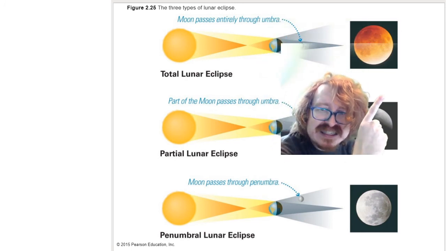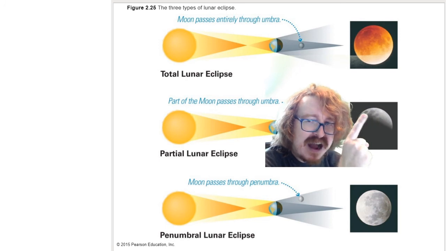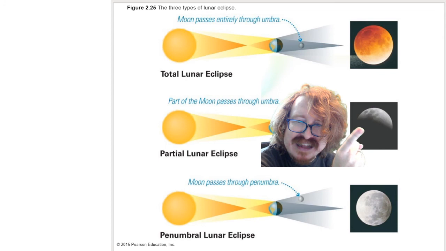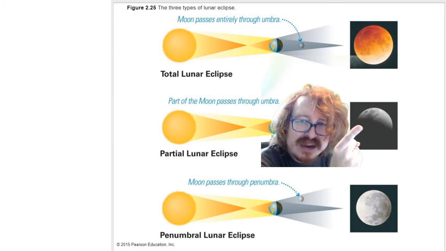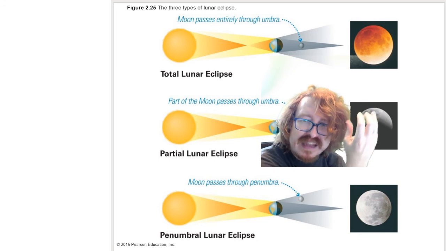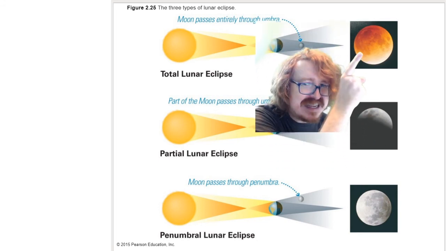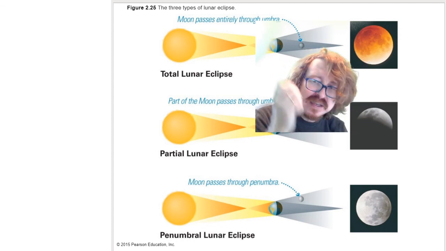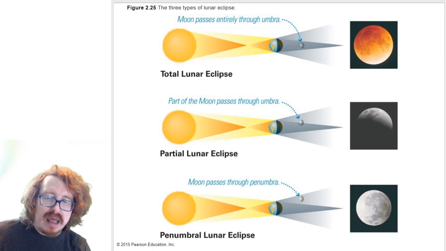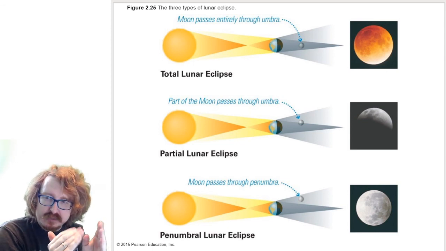And when your eye sees this part of the moon, which is really, really bright, your eyes adjust to that part of the moon and makes it so you can't see the red light that's right here. But as soon as that light completely covers the moon and we get rid of the bright part of the moon, your eyes adjust and can see the red color, okay? So whenever our eyes see a bright light and a dim light, we can't see the dim light because of the bright light.